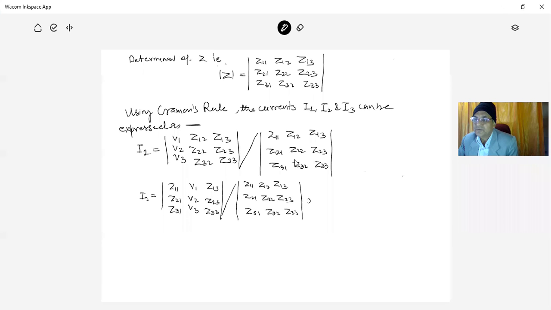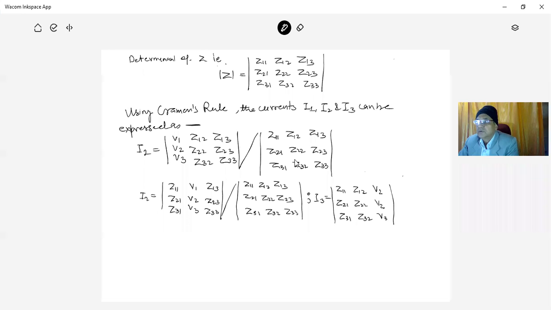And if you are interested in writing I3 in the same way, in this determinant the third column is replaced by the voltages, that is Z11, Z12, V1; Z21, Z22, V2; Z31, Z32, V3.